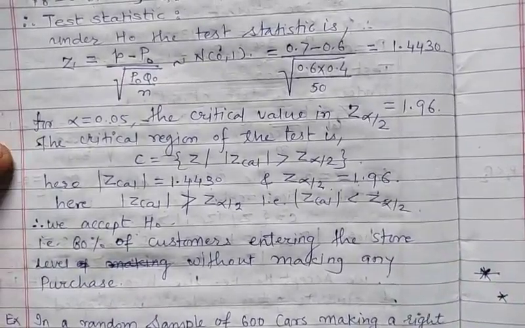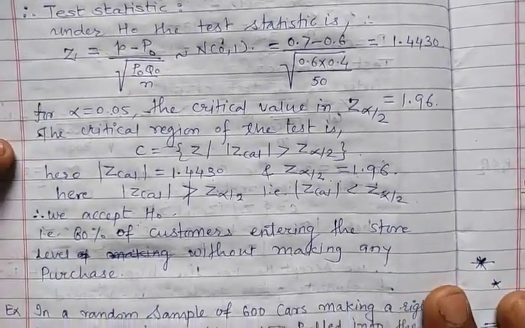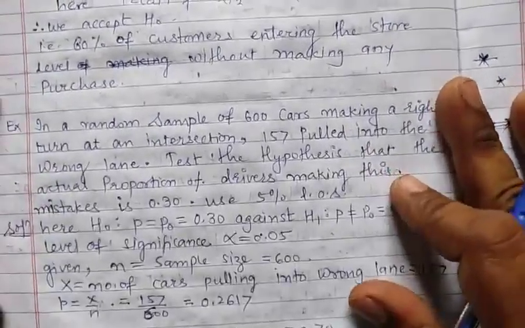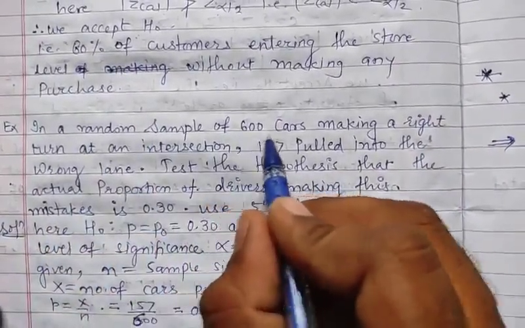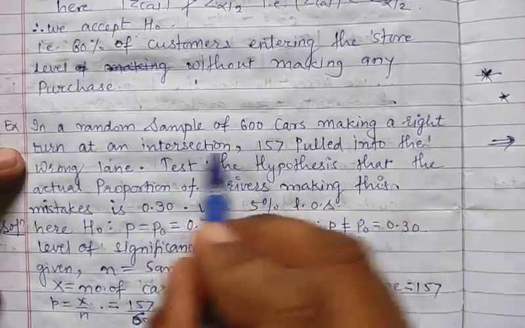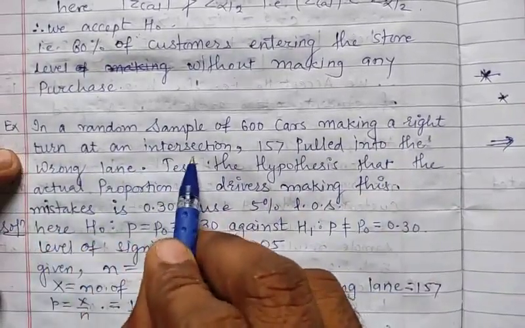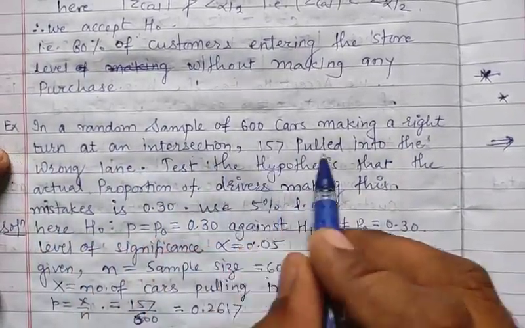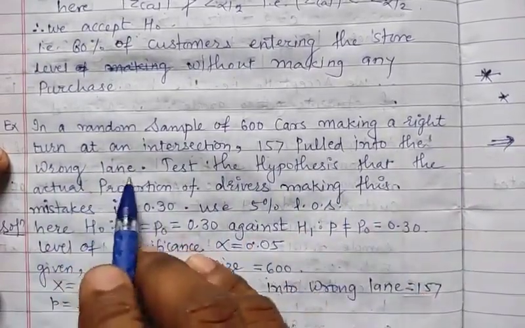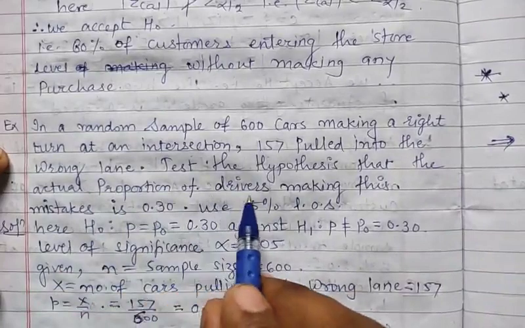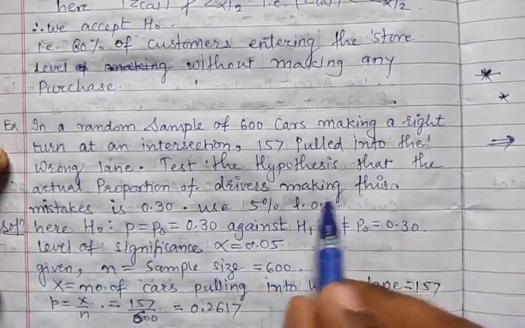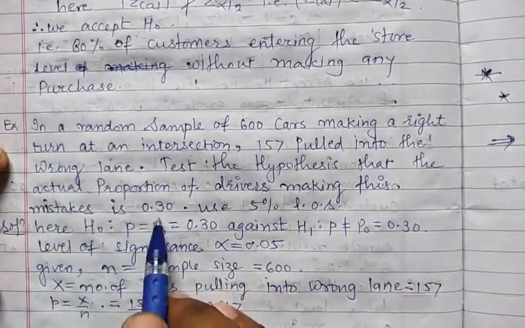Now we see another example. In a random sample of 600 cars making a right turn at an intersection, 157 pulled into the wrong lane. Test the hypothesis that the actual proportion of drivers making these mistakes is 0.30.